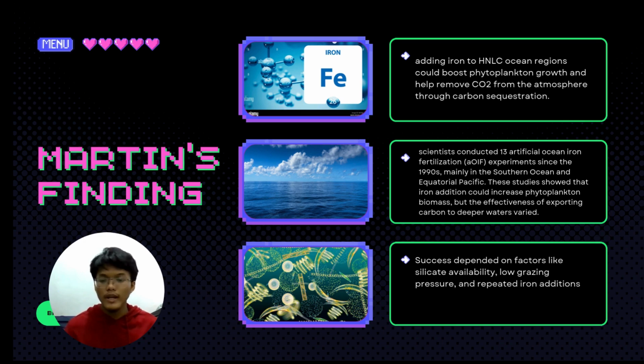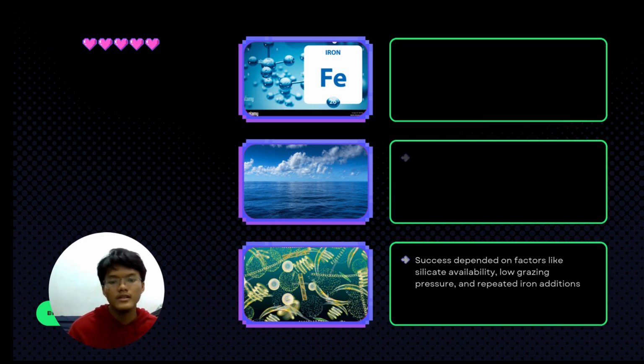The studies show that iron addition could increase phytoplankton biomass, but the effectiveness of exporting carbon to deeper waters varied. Their success depends on factors like silicate availability, low grazing pressure, and repeated iron additions.